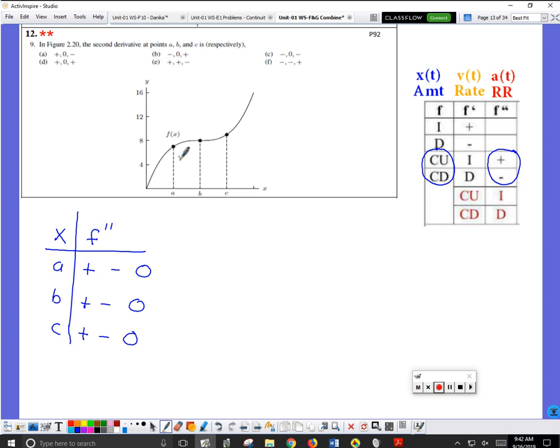So at point A, on the graph of f, you said aloud, what kind of concavity? Down. So if f is concave down, then the y coordinate at that same x on f double prime would have a negative value.